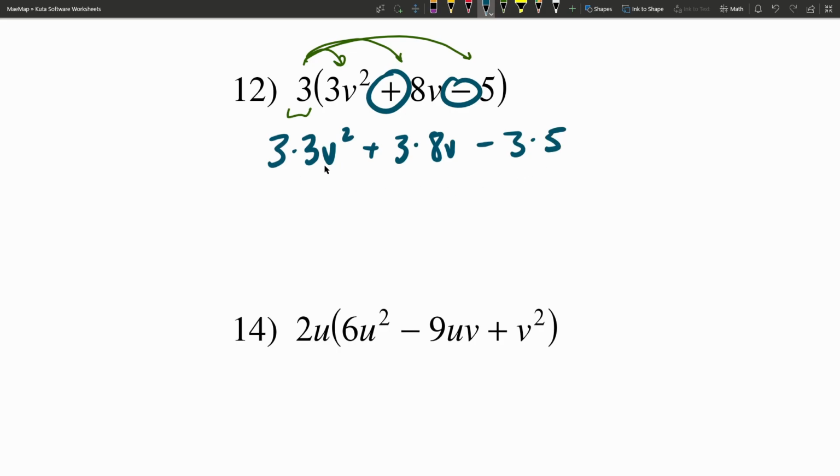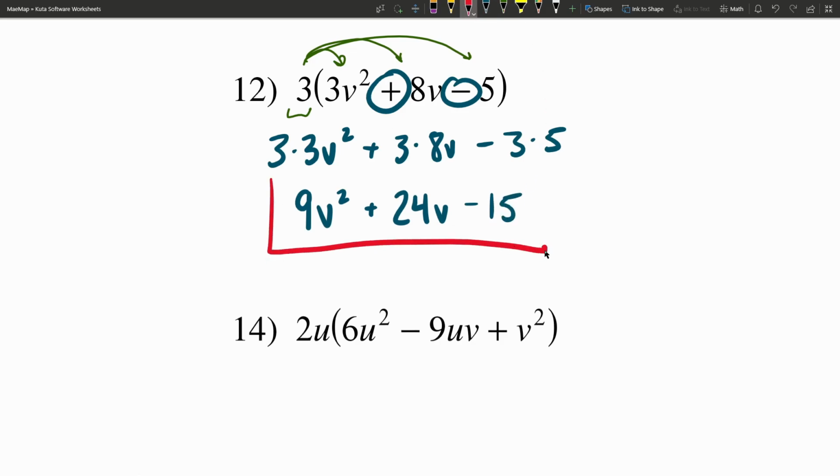So 3 times 3 times v squared, 3 times 3, doing that first, is 9, so we get 9v squared, plus 3 times 8 times v, well, 3 times 8 is 24, so that's going to give us 24v, and then 3 times 5 is just 15, so we're going to be subtracting 15. So 9v squared plus 24v minus 15 is our solution in number 12.